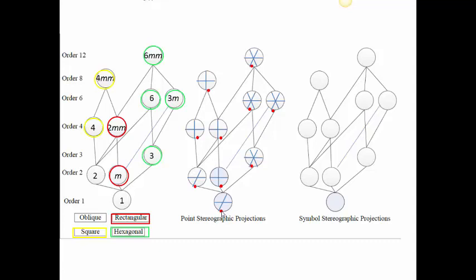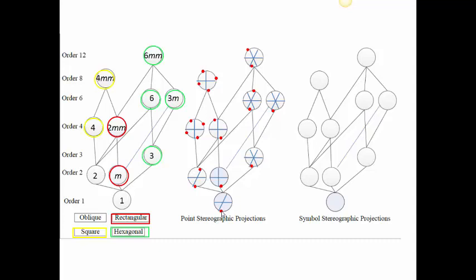The identity is colored red because it does not change its handedness. The determinant of the identity matrix is +1. Now we can put in some of the 2-folds. There's the 2-fold for 2, and we can put in the rest of the 2-folds and the 4-folds for 4, 2MM, and 4MM.